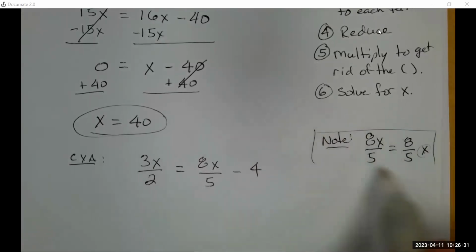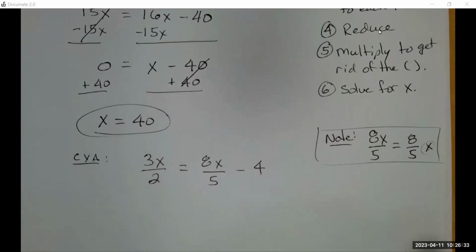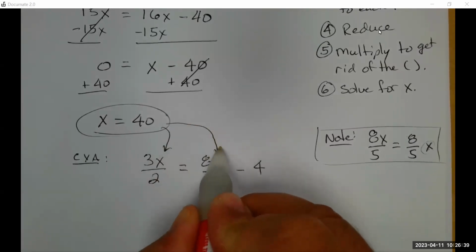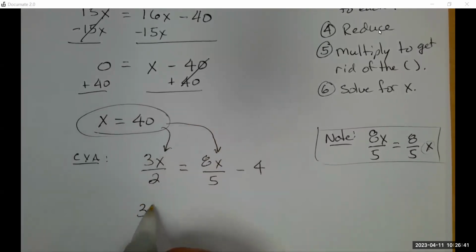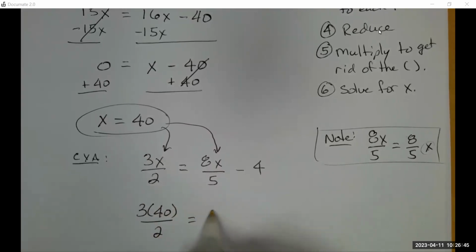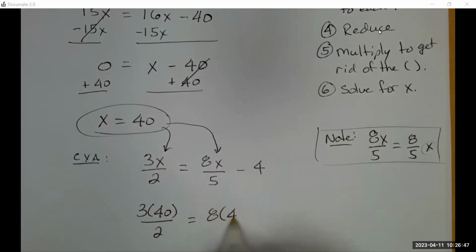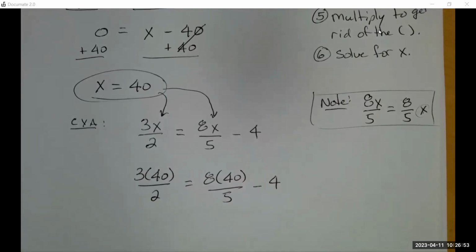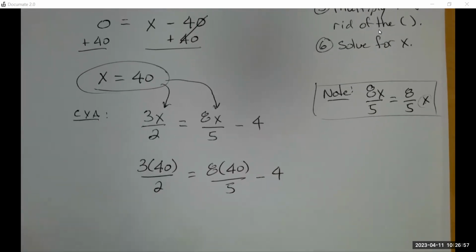These mean exactly the same thing. So anywhere I see an x, I put a 40. So 3 times 40 over 2 equals 8 times 40 over 5 minus 4.